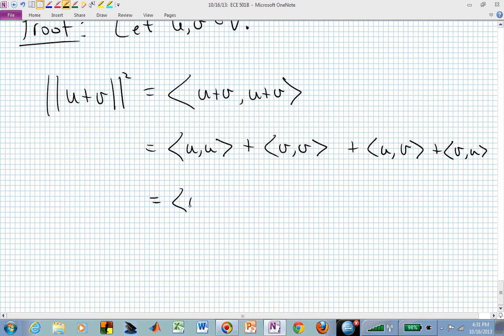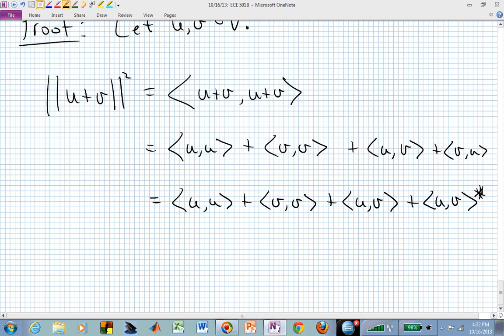So now we have u with itself, v with itself, u and v, but we can also write that as u and v conjugated by the conjugate symmetry. But now if I have a number, and these are all just scalars, aren't they, since they're inner products. These are just scalars. They could be complex numbers, but they're scalars. I now have a complex number in general, plus its conjugate.